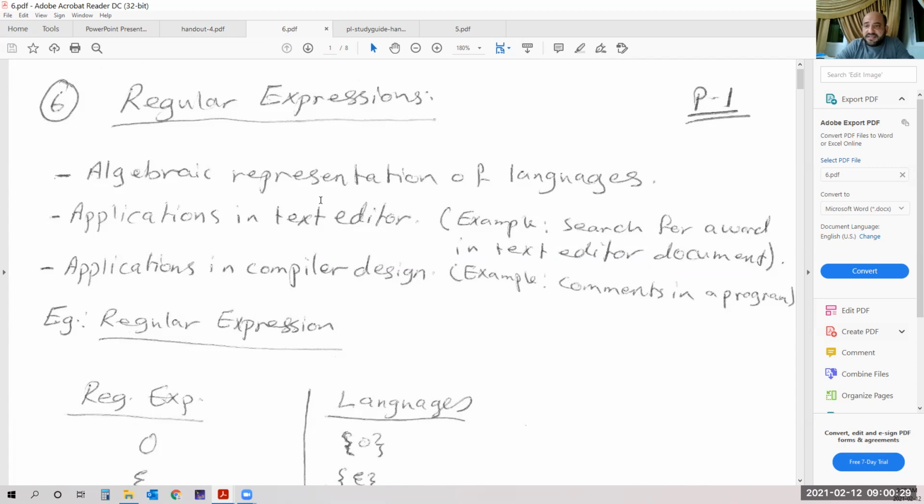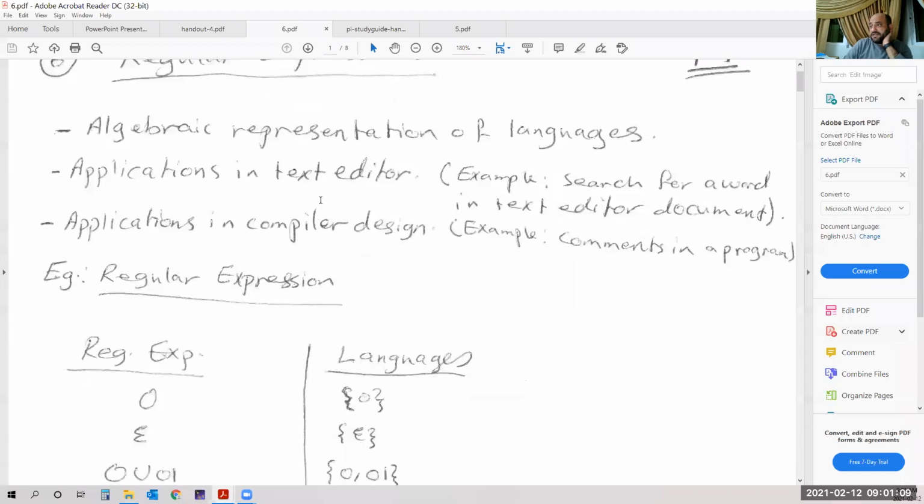We use regular expressions so the compiler does not compile these texts. Once the compiler sees slash star, it will look for star slash and skip this text, the comments in your program. It will be skipped and not compiled because it's a comment. Or if you use a double slash, it will ignore that line. So we use a regular expression to let the compiler know this is a comment, ignore it. There are multiple applications, but these are the two most common applications of regular expressions.